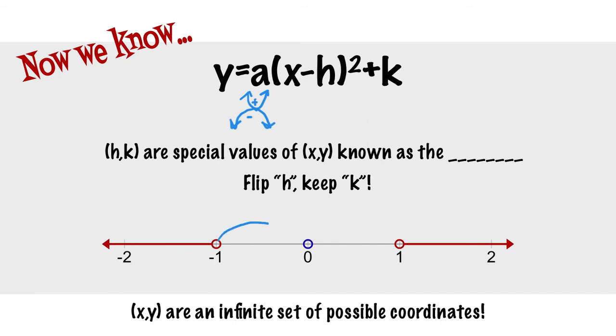If the A value is between the ones, we know that the parabola will be compressed. If A is greater than 1, whether it's positive or negative, the parabola will be stretched.